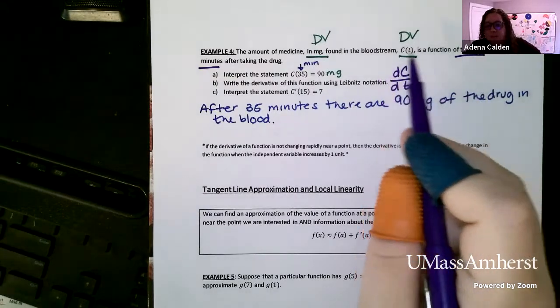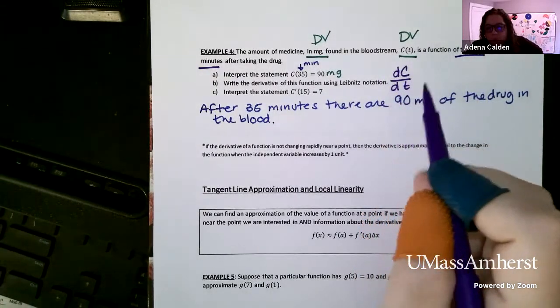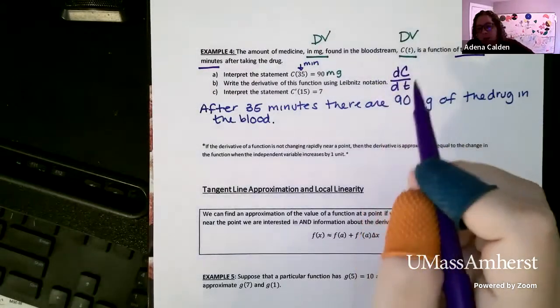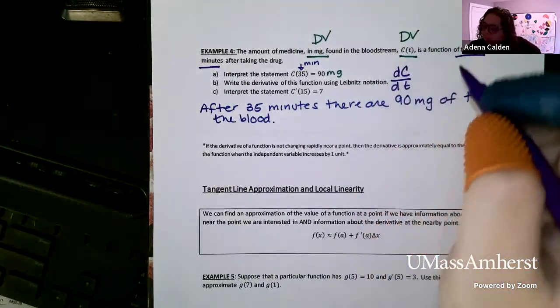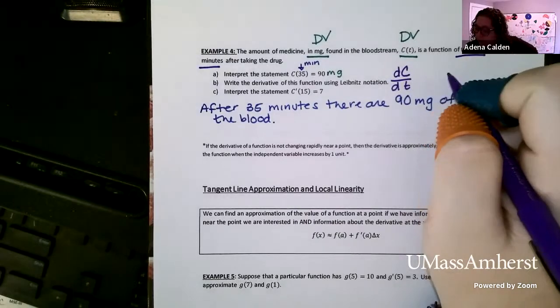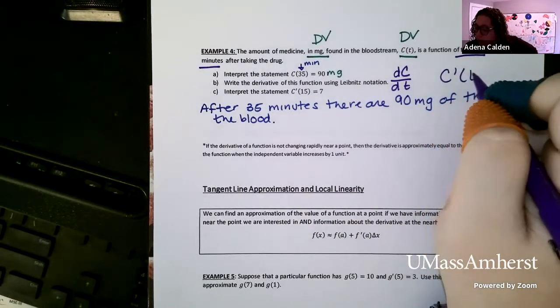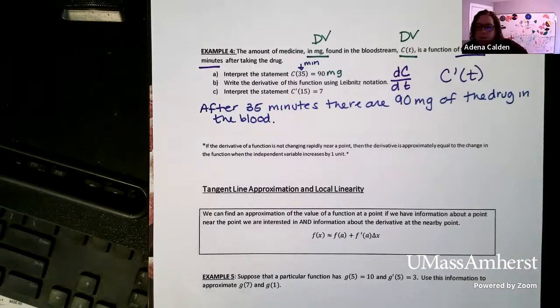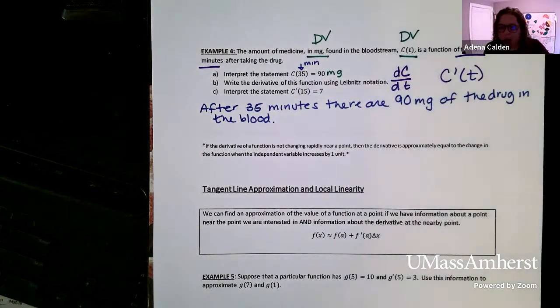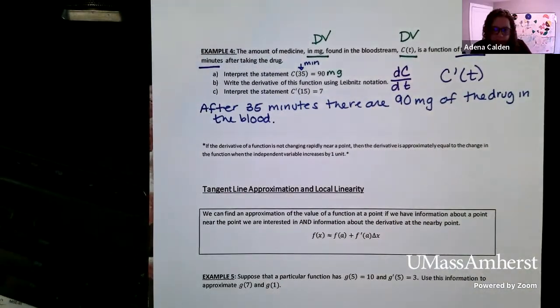So this says take the derivative of C with respect to t. That's how we would ask for the derivative using Leibniz notation. And just so you can see the map, the Newton notation would be C prime of t if we were looking for the derivative. Okay, so those are the notations we would use.